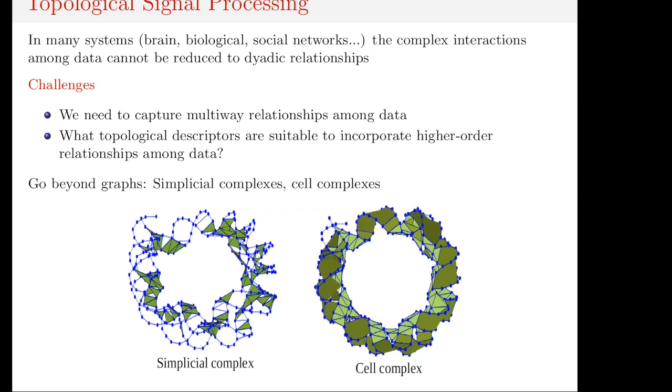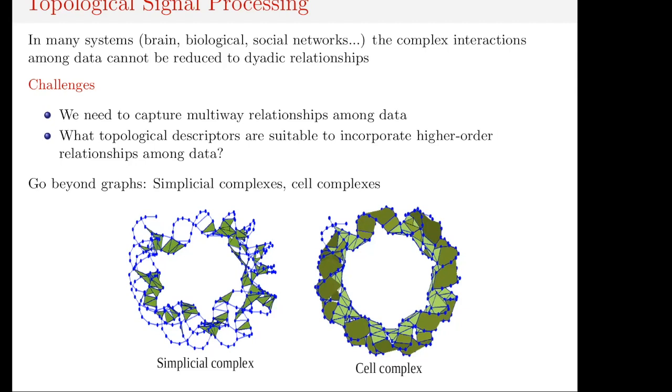The other step is that in many systems, brain, biological, social networks, the complex interaction among data cannot be reduced to simple dyadic pairwise relations because we have higher order relations. Then we need tools to capture these relations. What are the topological descriptors that are able to incorporate this higher order relation?